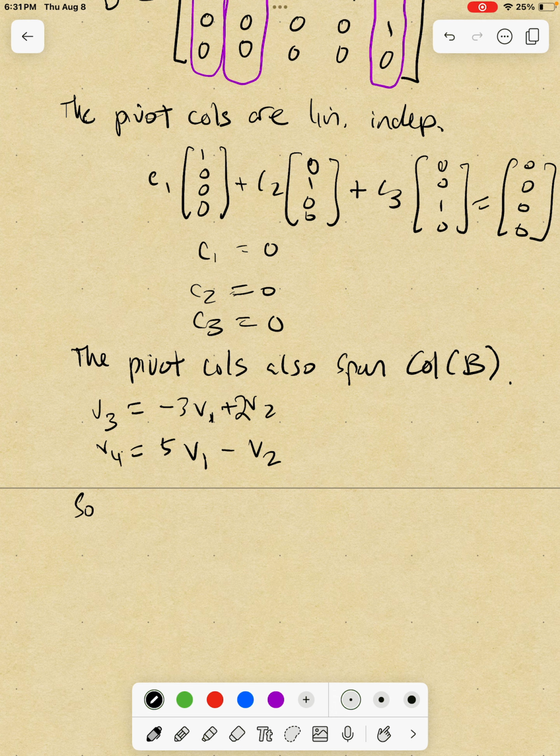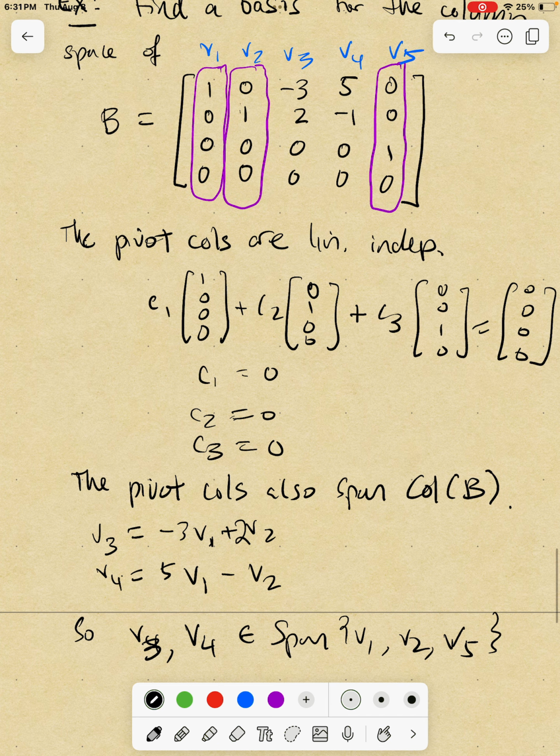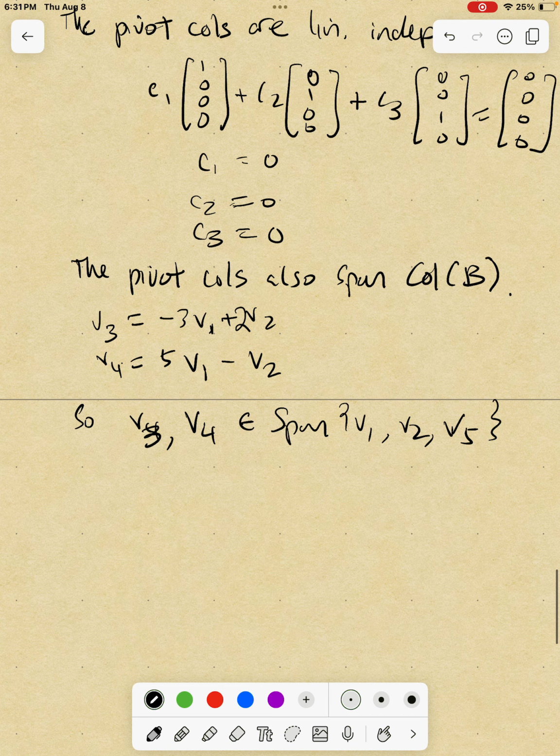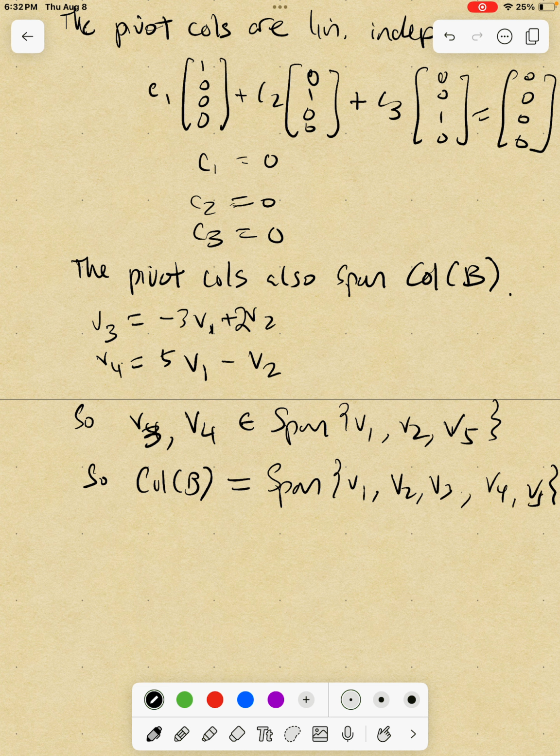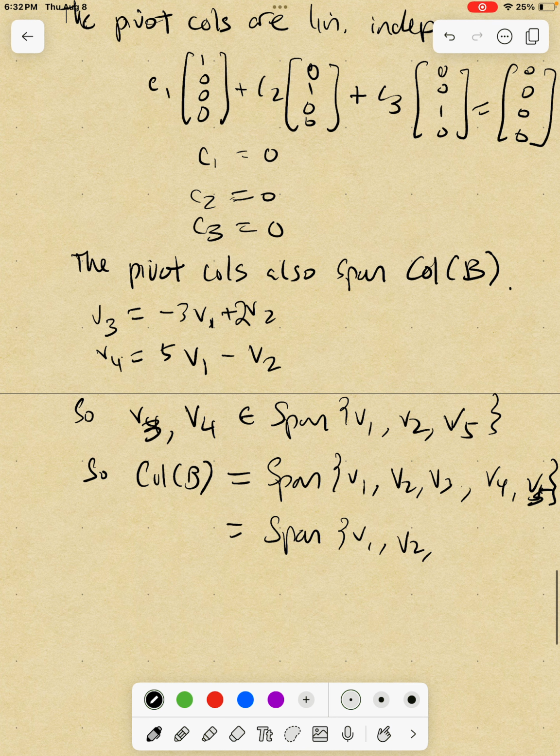So V3 and V4 are elements of the span of V1, V2, and V5, and V1, V2, and V5 are themselves in the span of V1, V2, and V5. So the column space of B, by definition, is the span of V1, V2, V3, V4, and V5, but the point is that this is equal to the span of V1, V2, and V5.